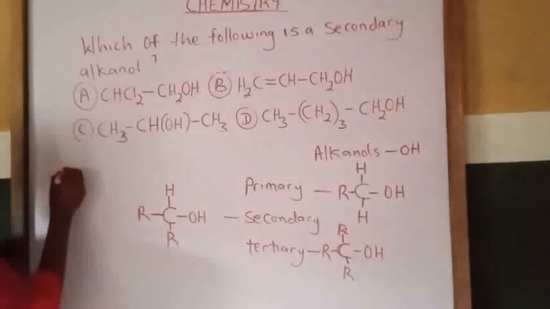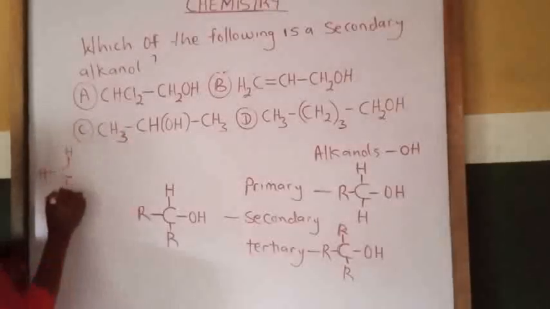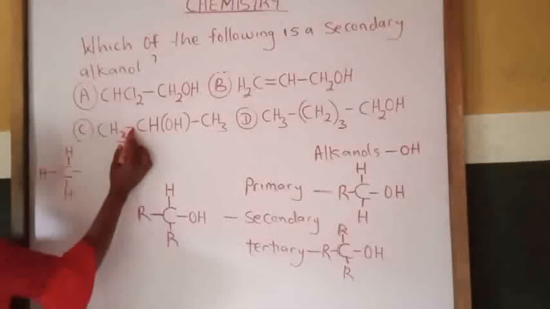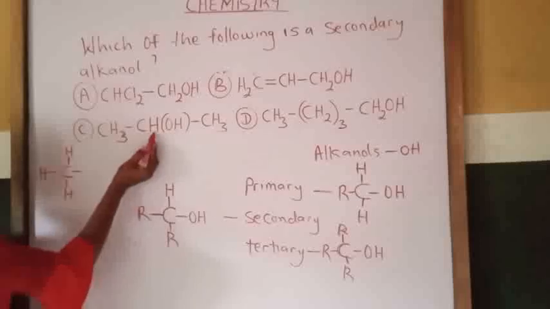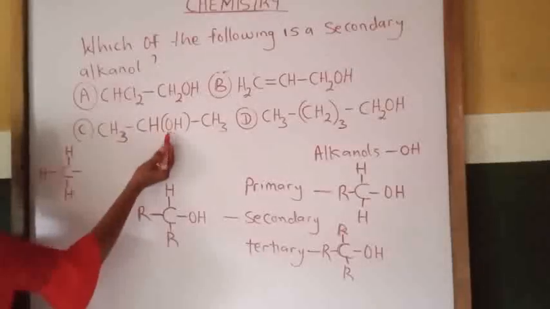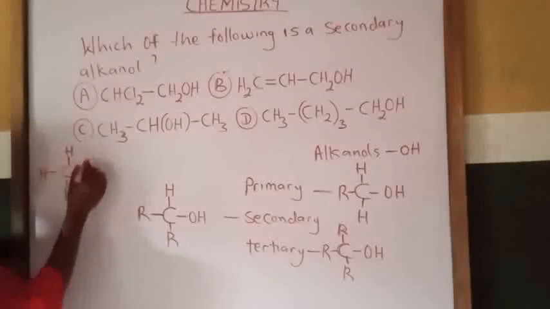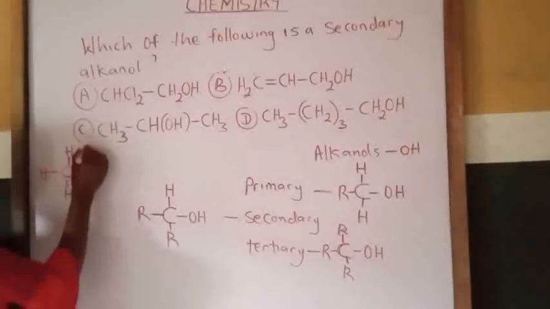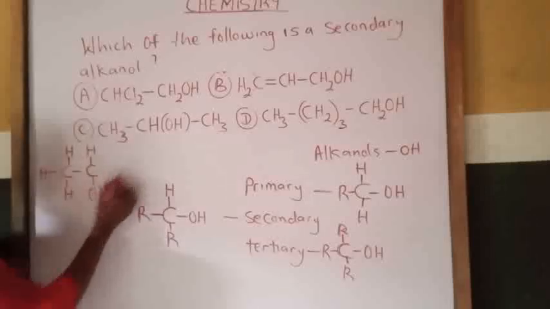Option C. We have a carbon atom with 3 hydrogen atoms: 1, 2, 3. Then a fourth chemical bond, followed by this carbon with a hydrogen and a hydroxyl group. So let's attach the hydrogen atom, then the hydroxyl group.